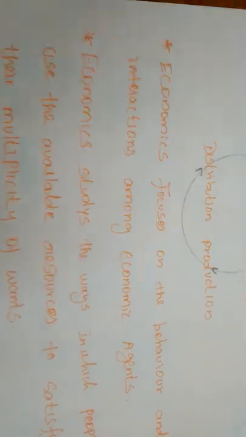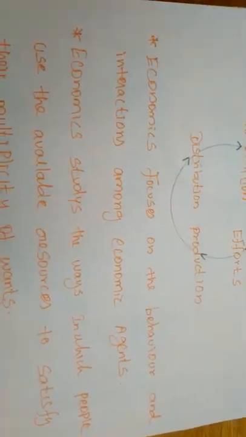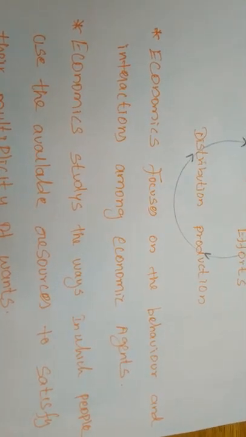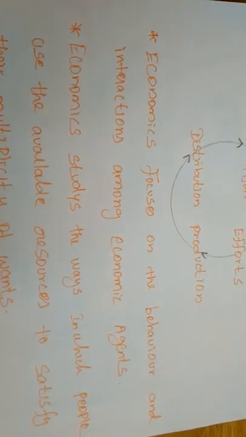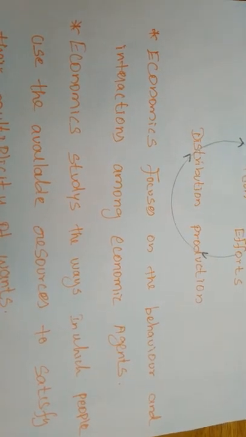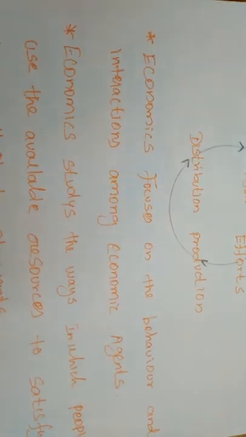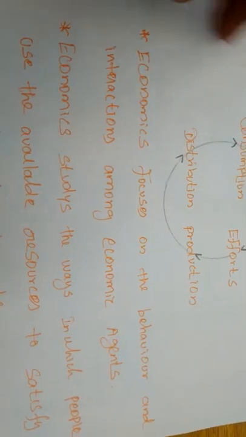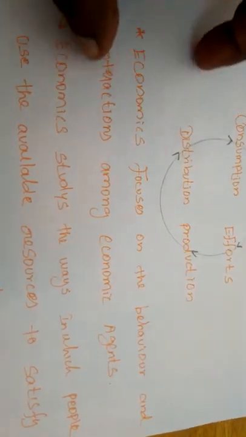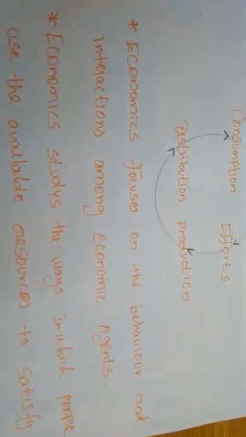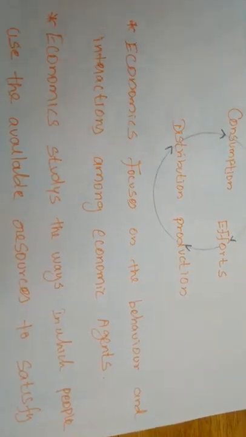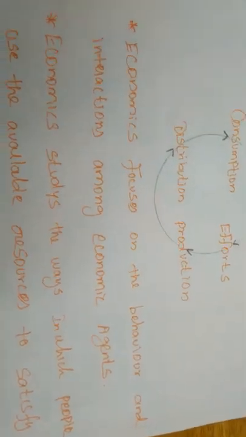The agents we can consider as the channel of distribution, and the individual people and groups belonging to the economic system means the organization, public or private. Economics focuses on how they interlink with one another.